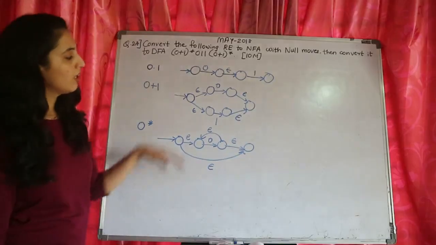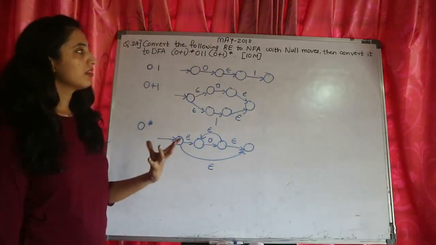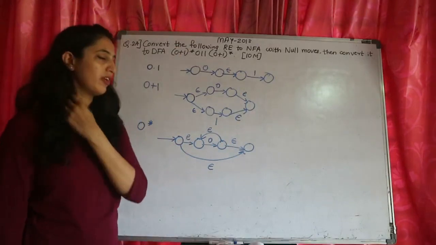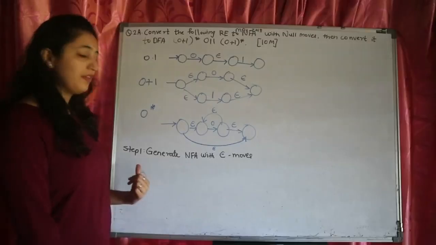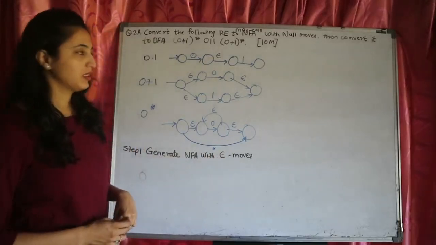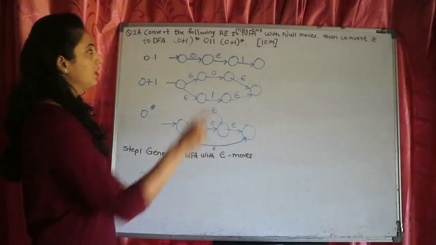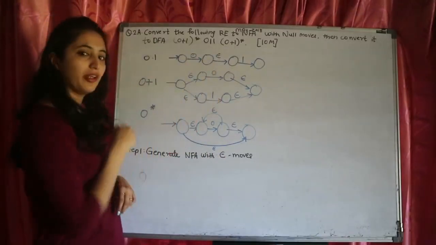These are the rules. Looking at these rules, we can generate the NFA with epsilon moves for this regular expression. Now we will solve step 1, that is, generate the NFA with epsilon moves, drawing the NFA for this regular expression using these 3 rules.